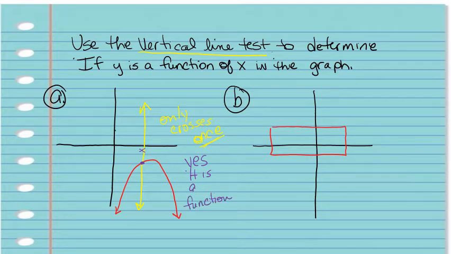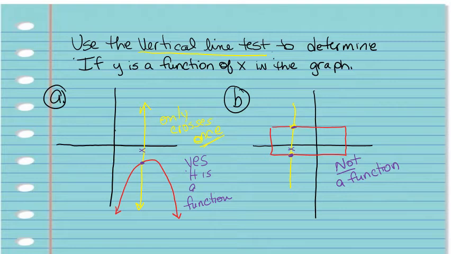Now, the second one, part B, if we do a vertical line through it, we have two crosses, two intersection points. So this one is not a function, because this vertical line represents an x, and then there are two y values associated.